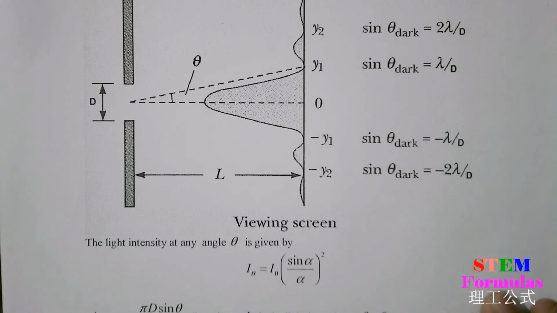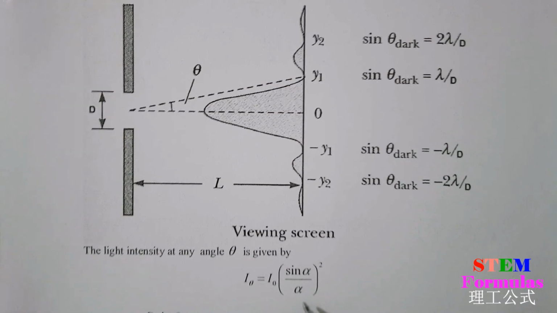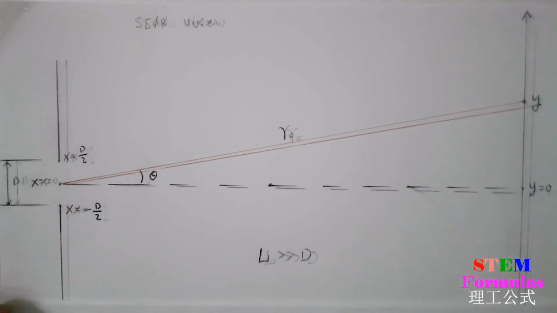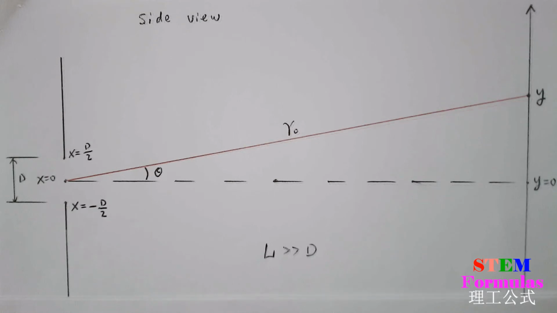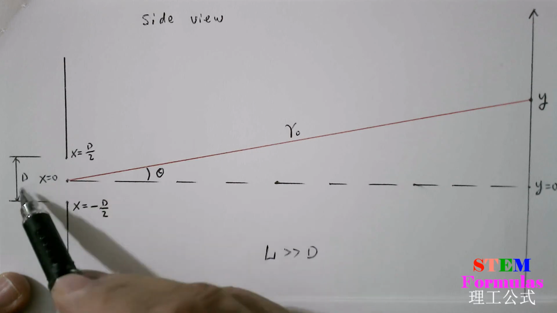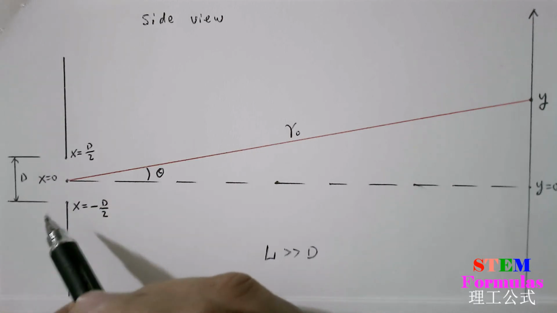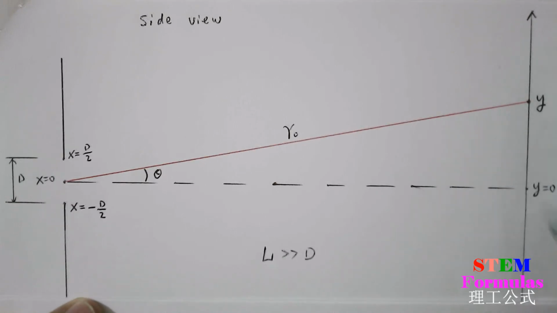The objective is to derive this formula. For that purpose, we will have a side view of the experiment setup. Here is the side view. We have the slit, the width is d, and on the screen we have y.